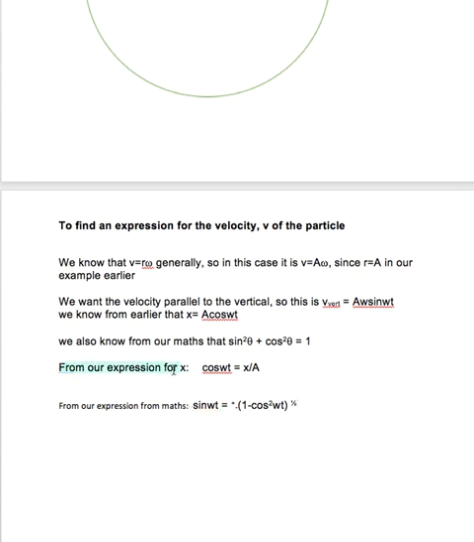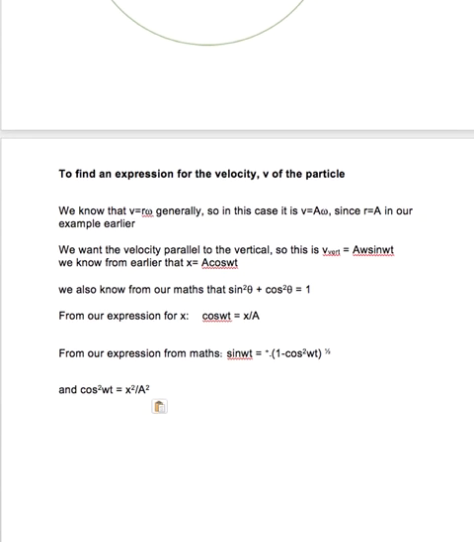So we can now go on and say, well, from our expression for cos above here, cos is x over A, so cos squared is x squared over A squared. We can then put that in there, and we end up with sine omega t is plus or minus the square root of 1 minus x squared over A squared.